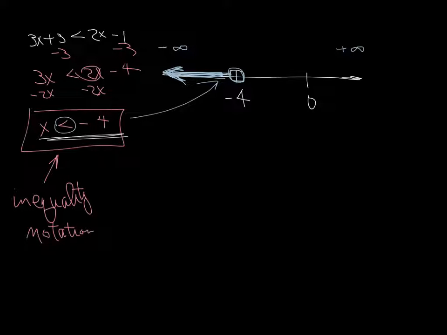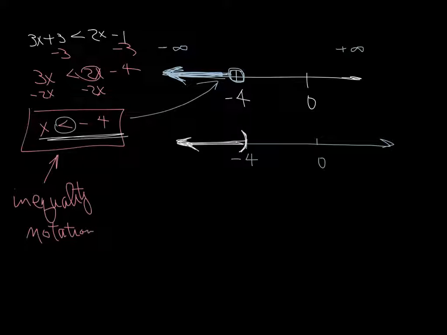Now if we want to graph it another way, which is the way you're going to end up doing it if you go into a higher level math, everything here looks the same, only instead of an open or closed circle, we're going to use parentheses or brackets. A parenthesis is round, and that means that it does not include the negative 4. If we were to make a bracket like this, that means it does include the negative 4.